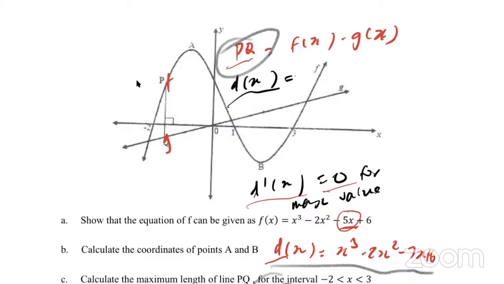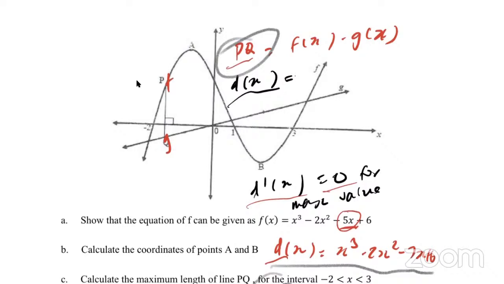I get the x values by equating it to 0. Then for the second derivative of that new equation for the length, I use the same x values from the first derivative, substitute them into the second derivative, and I get values to determine the minimum and the maximum.